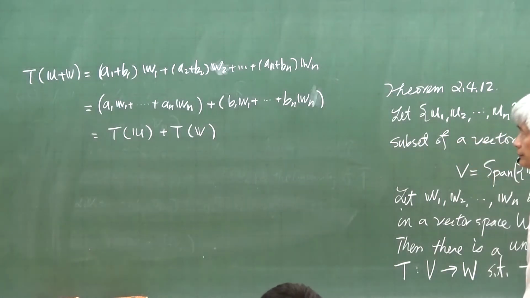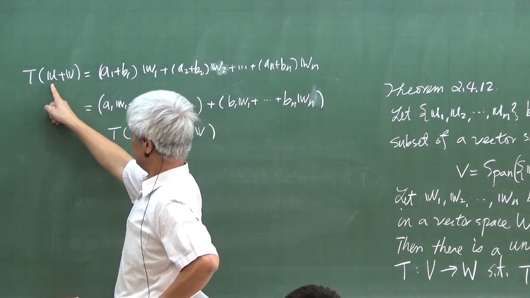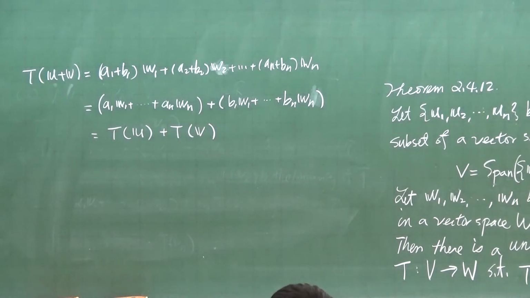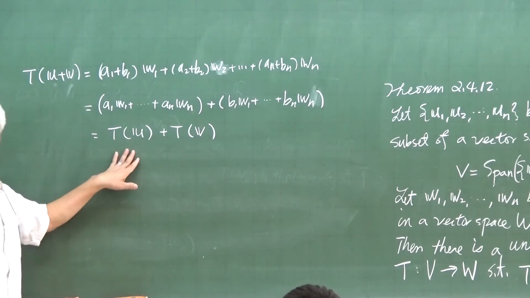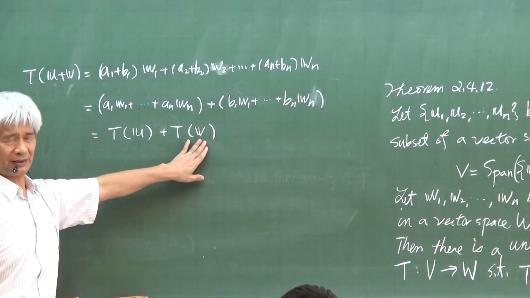Okay? Alright, so we prove that the image of the sum of 2 vectors u and v in capital V becomes the sum of the images of vector u and vector v.